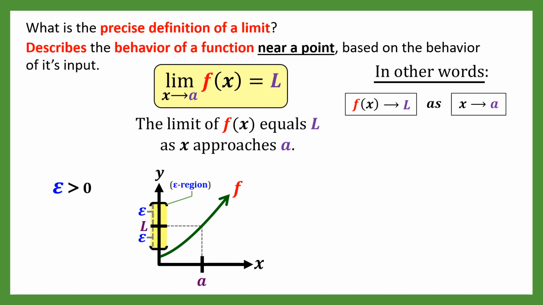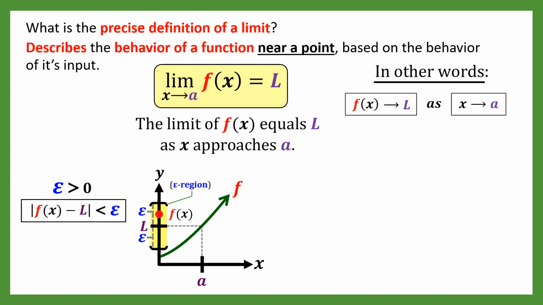And if we let f of x represent any value inside this region, then the absolute value of f of x minus L, which represents the distance between f and L, is less than epsilon.